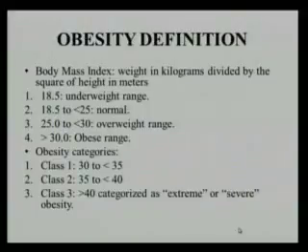Class 1, BMI 30 to less than 35. Class 2, 35 to 40. Class 3, more than 40. Having said this, you will put your patient in one of these classifications if you feel your patient is overweight or obese, or if you feel your patient needs treatment.